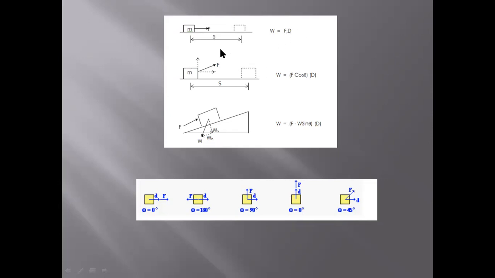Now, if we consider the second one here, a block of mass M, a force is applied with an angle theta. So the block here is moved from this point up to this point with a displacement of S.